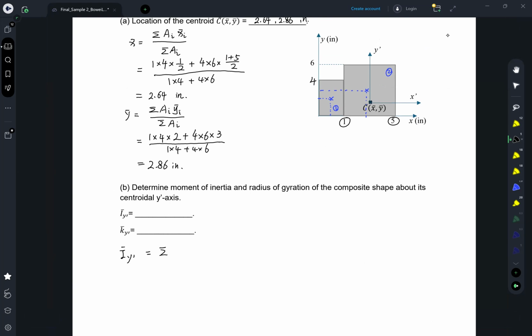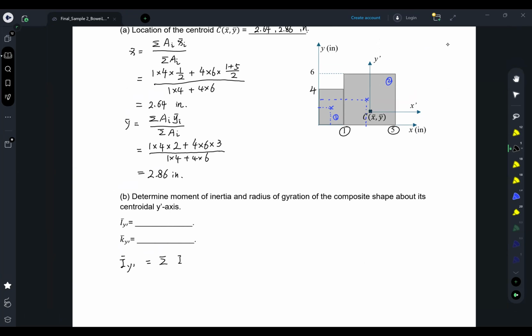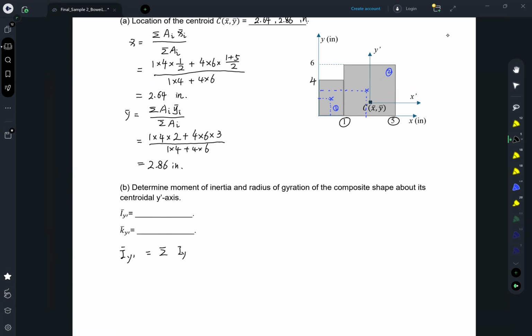The moment of inertia of each part equals the centroidal moment of inertia of each part plus the area times the square of the distance. So it is the distance between the centroid of the area and the axis, right? So it is the summation of that.